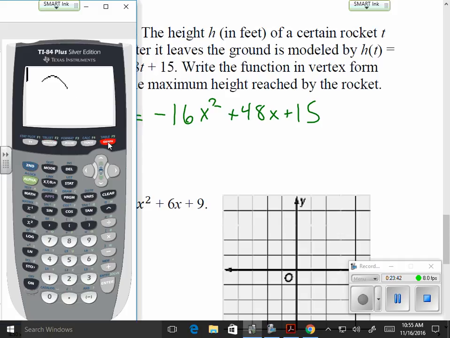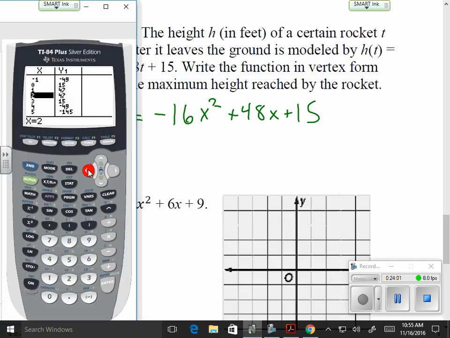So when I go to my table, okay, the height, I'm not going to have negative. X is my time. So at 0, it's 15 feet. 1 second, 47 feet. 2 seconds, it's back at 47 feet.